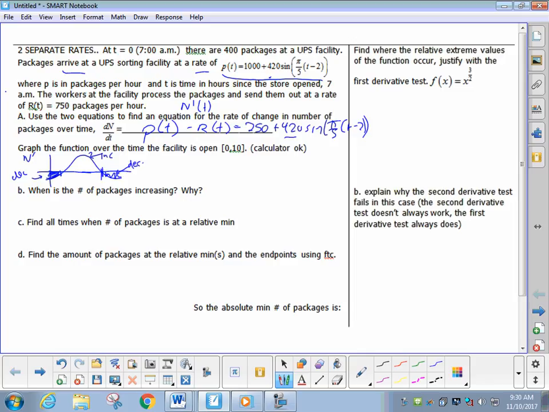So in order to find when the number of packages is increasing, what would you do in your calculator, which I've already done to some extent for us? Find the zeros. I would need to know where the starting and ending point of the increasing region is.